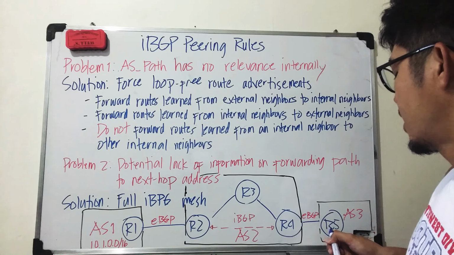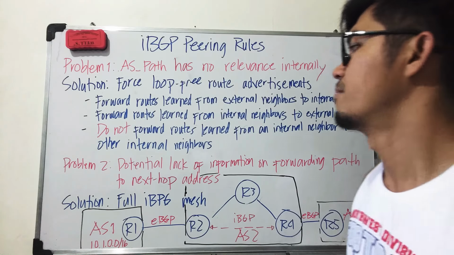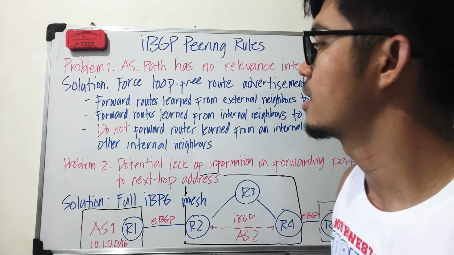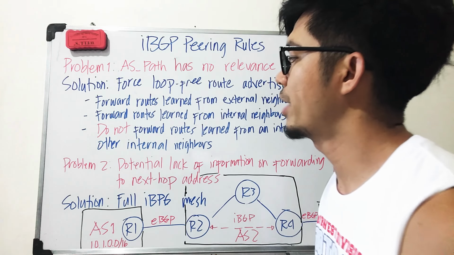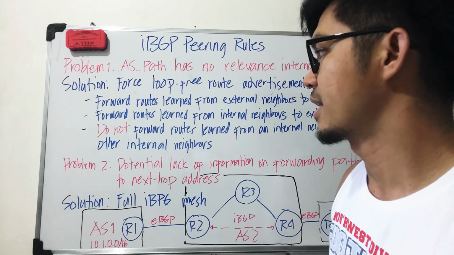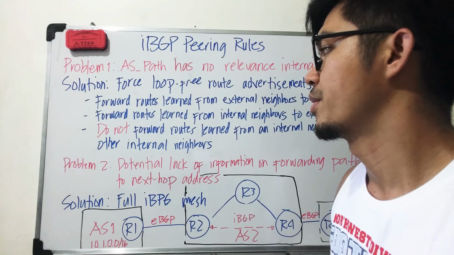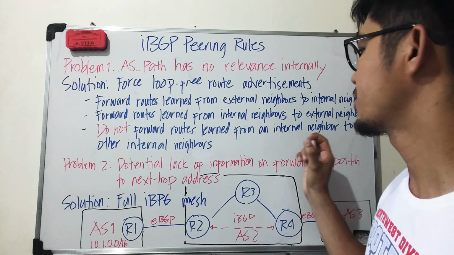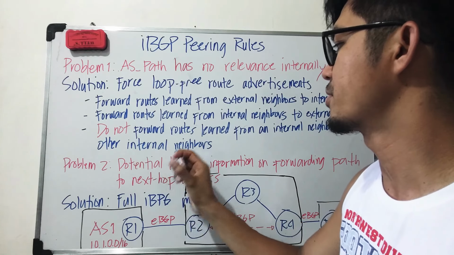So in this case, R5. But here is, I think, the rule that you need to not forget. Do not forward routes learned from an internal neighbor to other internal neighbors.